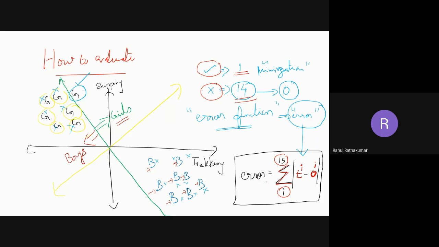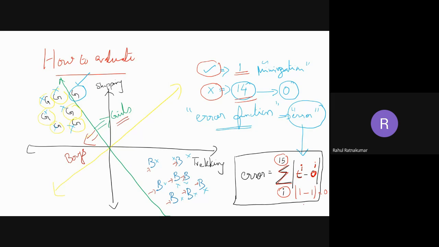From each point, say the boys' target is 1, because I represent boys as 1 and girls as 0. So in each of these cases, I'm getting 1 or 0. If it is a right classification, the target is boy and the output is boy, so 1 minus 1 is 0. That means there is no error at that particular point.